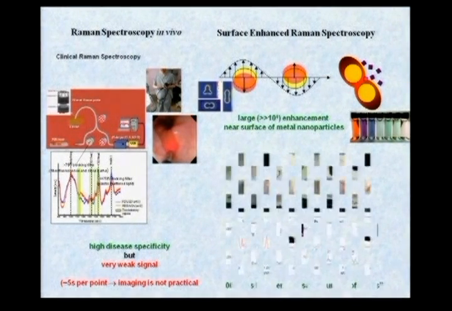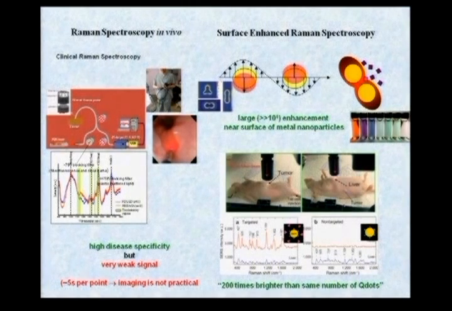Now, the definitive paper on this was published in 2008 in Nature Medicine, I think it was, where a group took a couple of mice with tumors, and in one mouse they injected quantum dots.